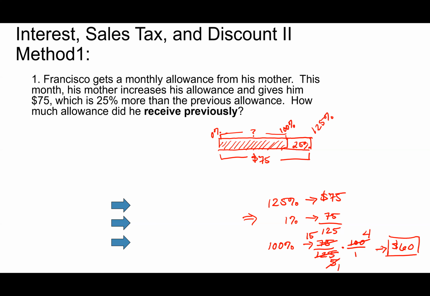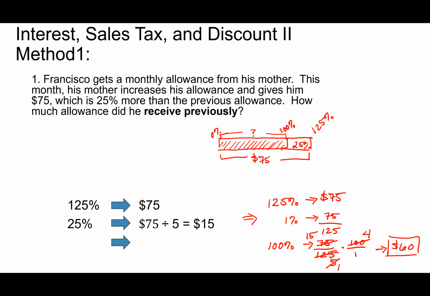Okay, so hold on, let's go ahead and fill out your packet. This is just another way to do it. We would start with assigning 125% to $75. And then remember, it's completely fair, you don't have to go down to 1%. If you see some flexibility, you can just go down to 25%.